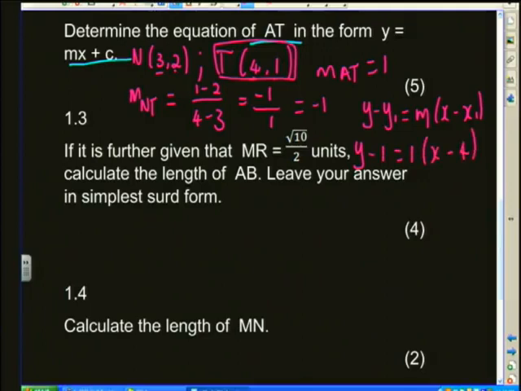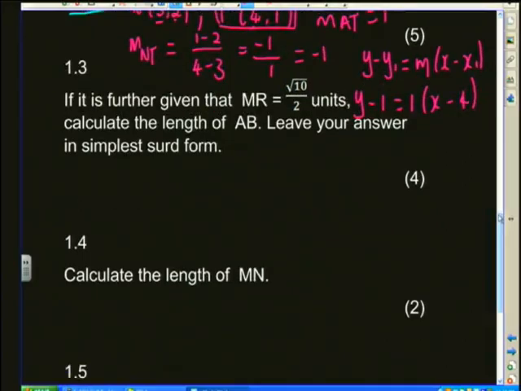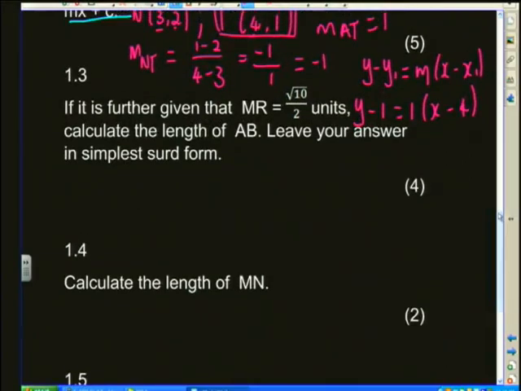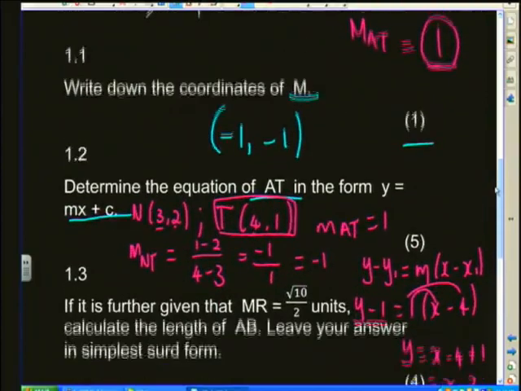Okay, simplify that, take everything that's not a y to the right-hand side, and we get y is equal to x minus 4, multiplying this 1 into the bracket. Take your minus 1 over to the right-hand side, it becomes plus 1, and you get y is equal to x minus 3.